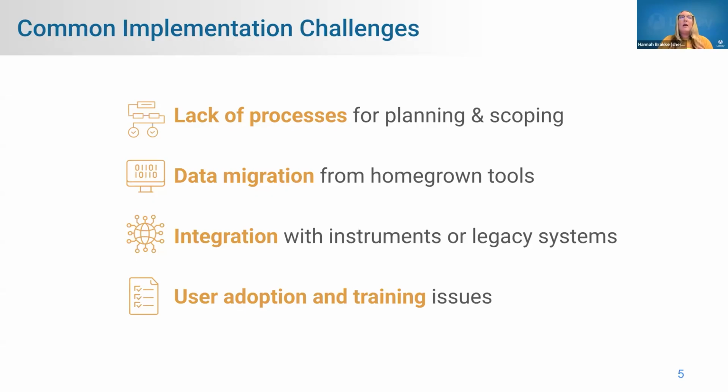This can really be very challenging once you go to implement, because it can affect timelines, or cause confusion, or maybe prioritization of the wrong thing. And so making sure that sort of that lack of process is addressed early is very important.